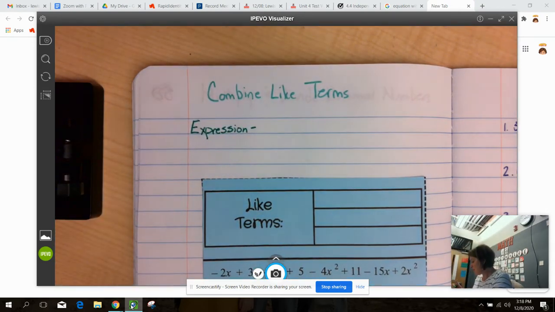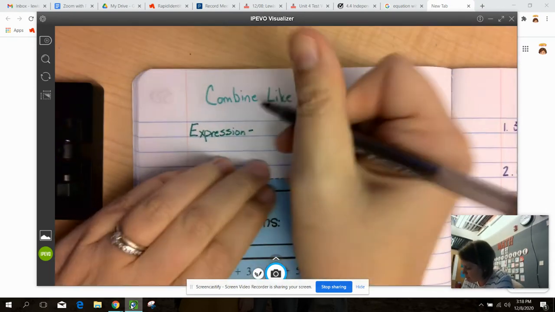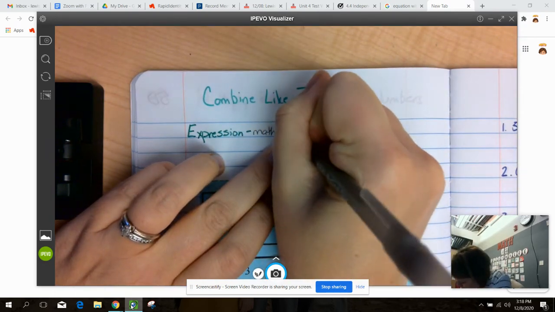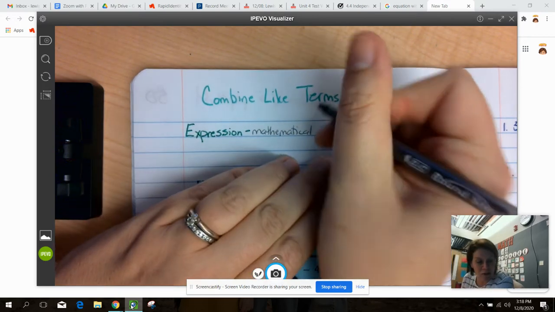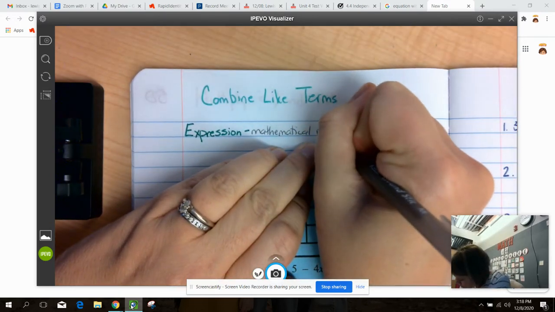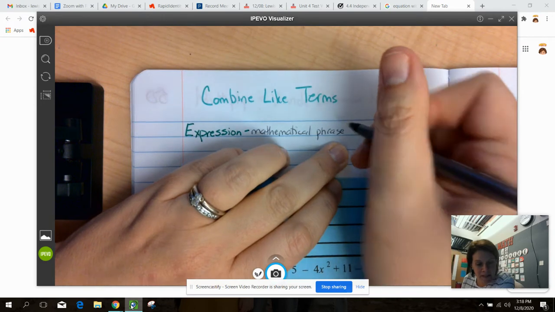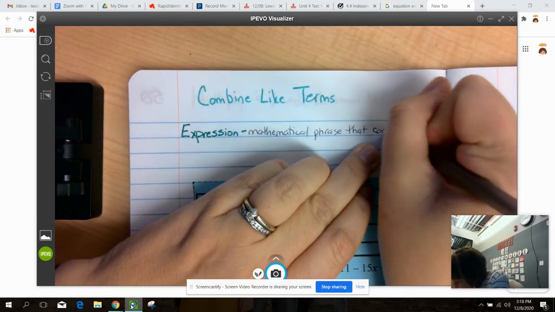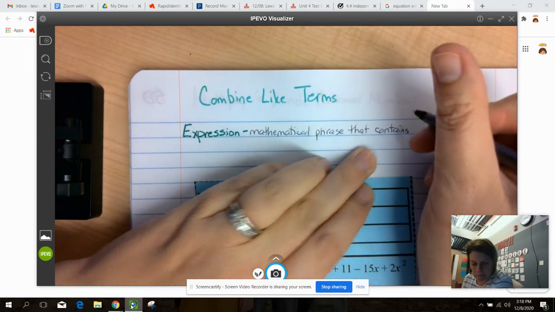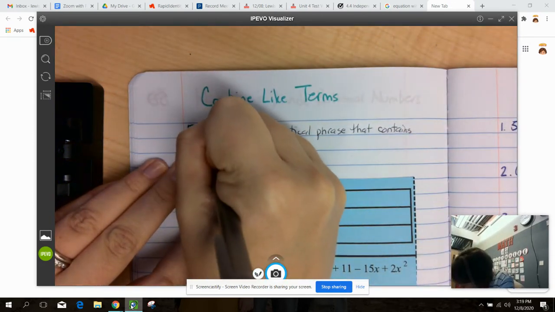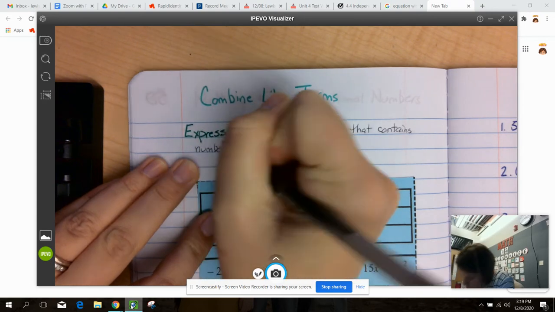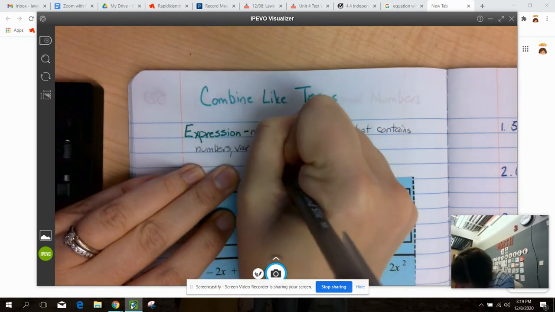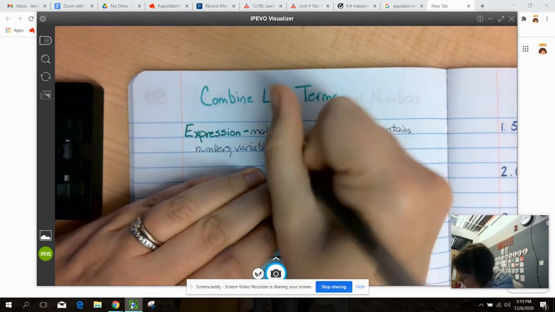An expression is a mathematical phrase that contains numbers, variables, and operations.